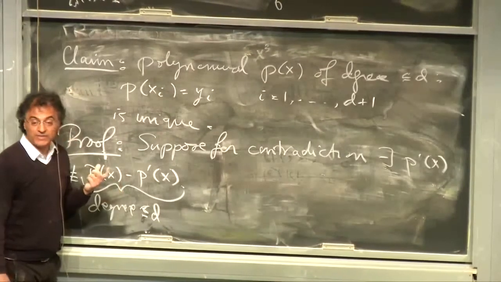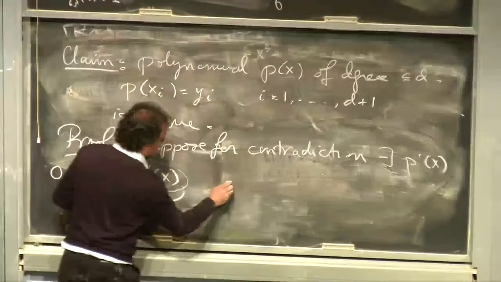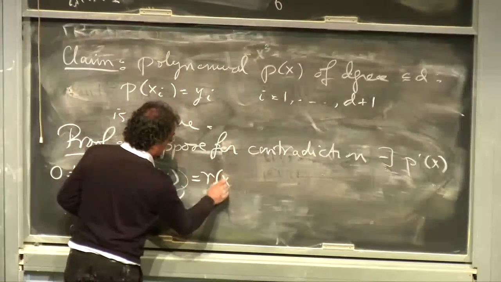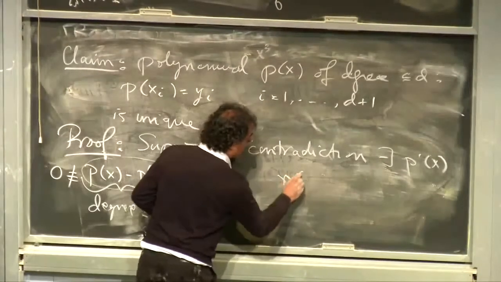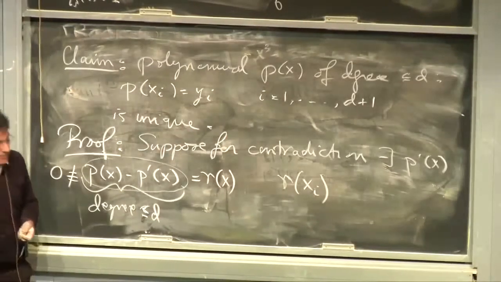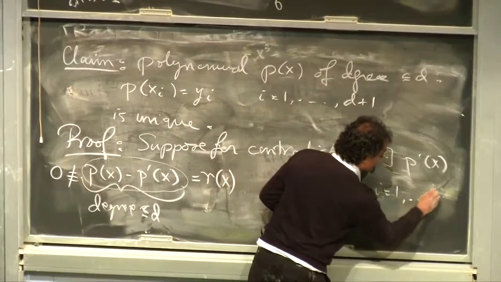But now what do we know about it? What's the value of this polynomial at the point xi? So let me call this polynomial r of x. So what's r of x sub i? It's 0, for i equal to 1 through d plus 1.